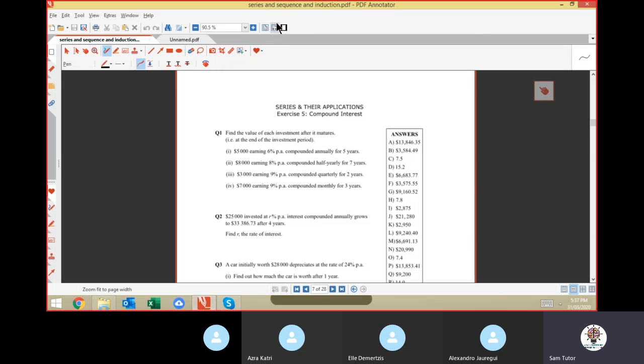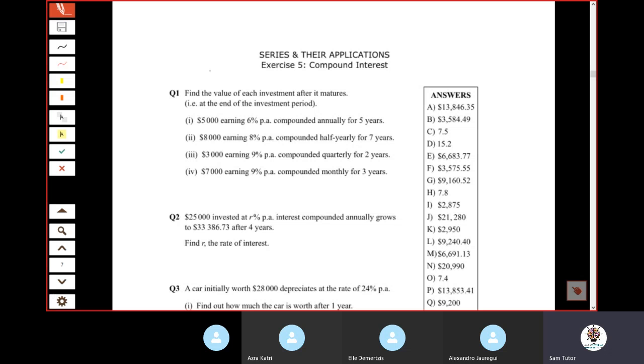Basic compound interest questions. If you had a question that requires compounding of interest, the formula that we need to use is A equals P bracket 1 plus R to the power of N, where P is your principal, R is your rate, and N is your number of periods.